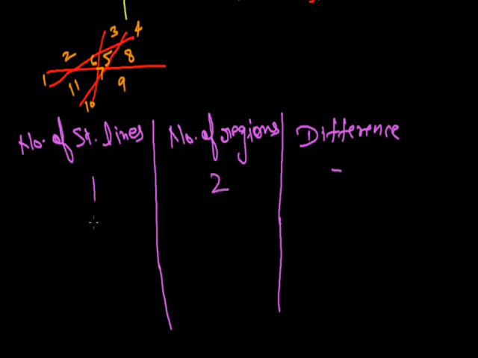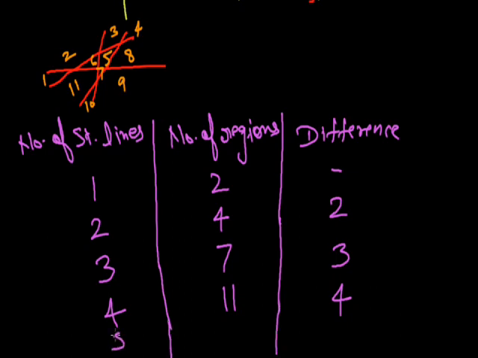If there are 2 lines, then the number of regions was 4. That means the difference was 4 minus 2, that is 2. Now if the number of straight lines was 3, then the number of regions was 7. So the difference between 4 and 7 is 3. Now if the number of straight lines was 4, the number of regions was 11, that means the difference was 11 minus 7, 4.